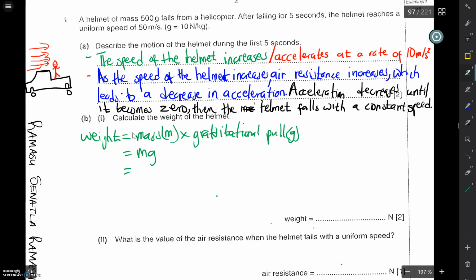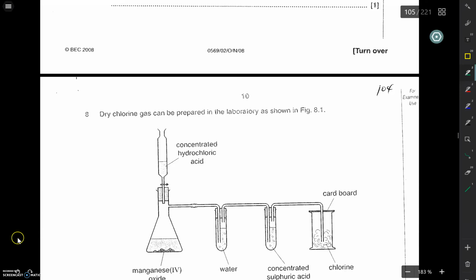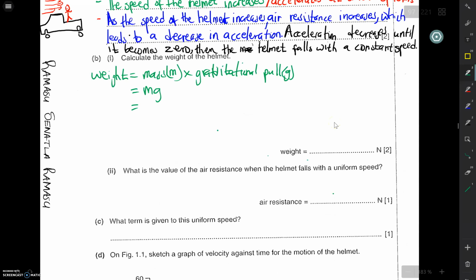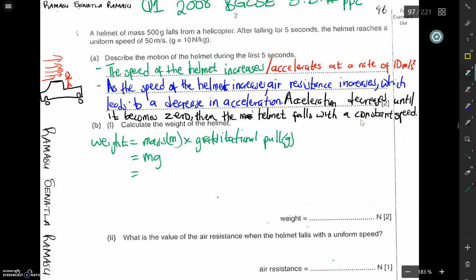Now our m has to be in kilograms, but it's been given in grams here. So to convert from grams to kilograms, you divide your grams by 1000.